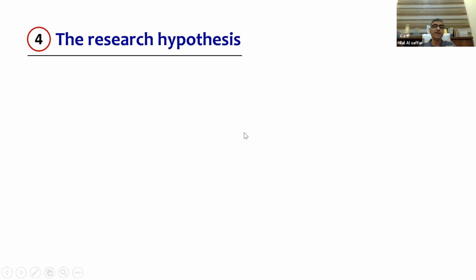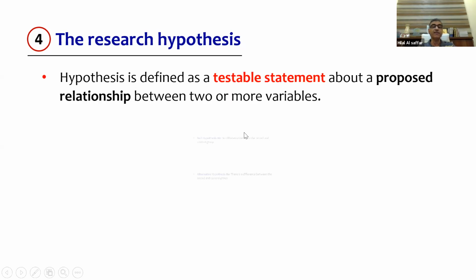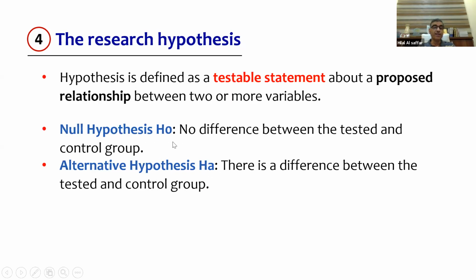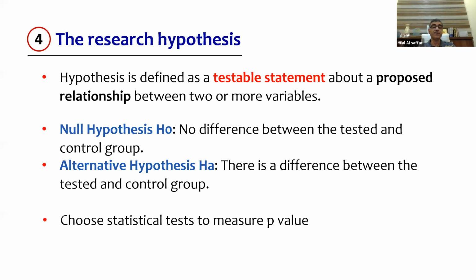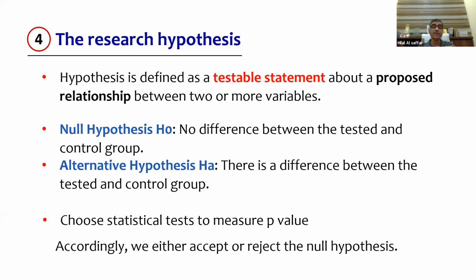There is a null hypothesis, which assumes there is no difference between two groups, and an alternative hypothesis, which assumes there is a difference. Then, according to the hypothesis, we choose the statistical test and get the p value. According to the p value, we either reject or accept the null hypothesis.